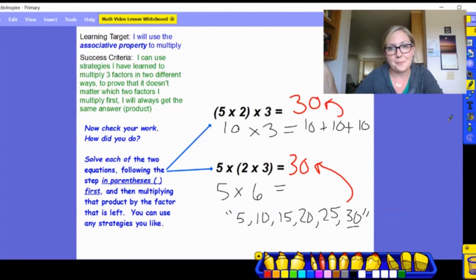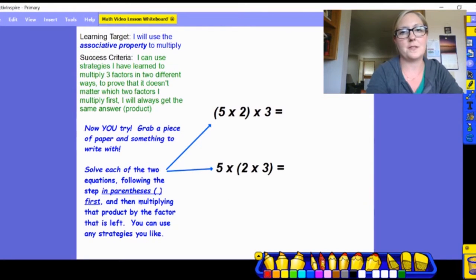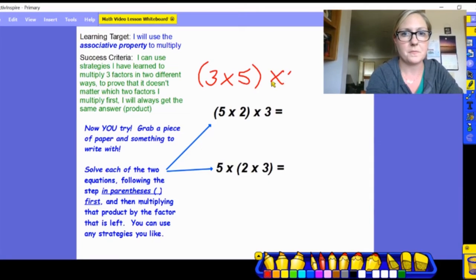One last tip for solving an equation like this with 3 factors is you could have also moved your factors around if you wanted to. So I can show that by thinking about maybe if I wanted to instead solve 3 times 5 times 2.